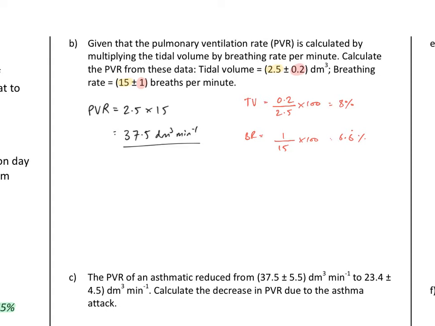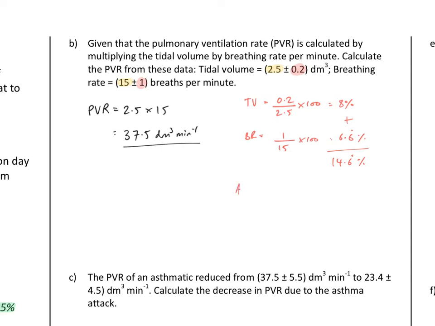Then what do we do with this? Well, we add them together. So 6.6 recurring plus 8 equals 14.6 recurring percent of 37.5 is my absolute uncertainty.